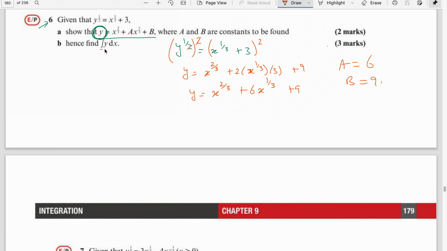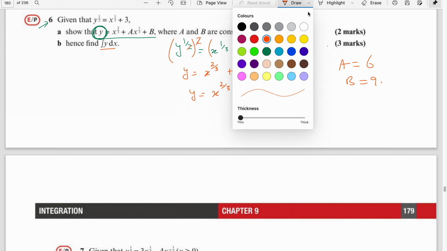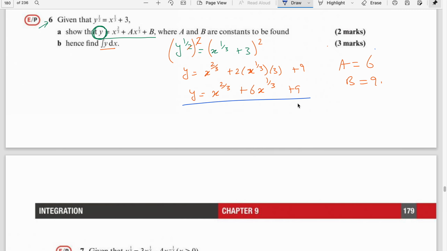Next part says integrate y. We already have this y, and let's continue in the same place. When I integrate, that becomes the area is equal to x to the 2 by 3, 2 divided by 3 plus 1 is 5 by 3, divided by new power, plus 6x to the 1 divided by 3 plus 1 is 4 by 3, divided by new power, plus 9x plus c.